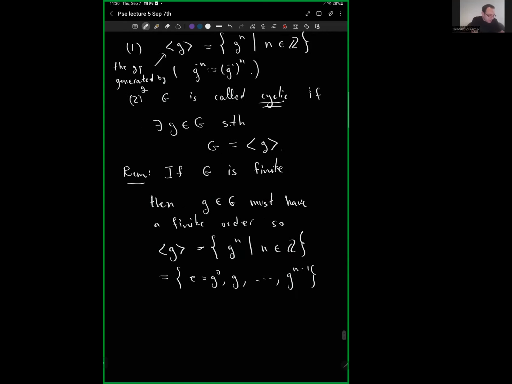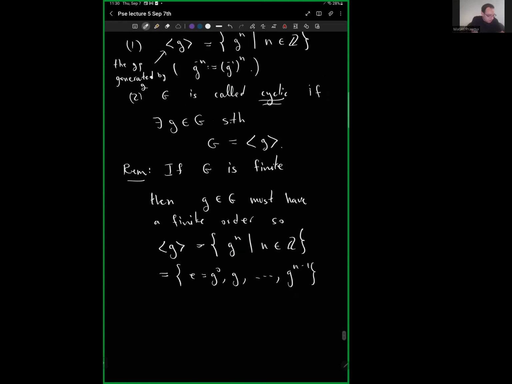Right? And the reason is, of course, if you take G to the n plus k, this is equal to G to the k, because G to the n is equal to E. And if you take G to the minus k, then this is G to the k to the power of minus 1.